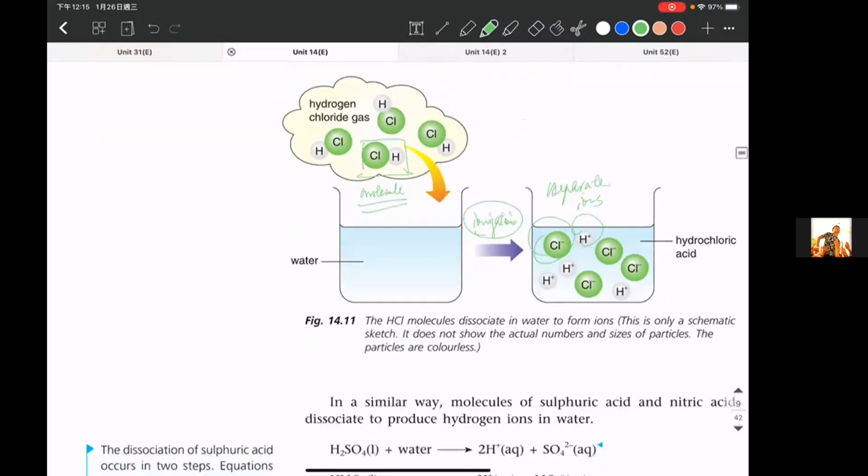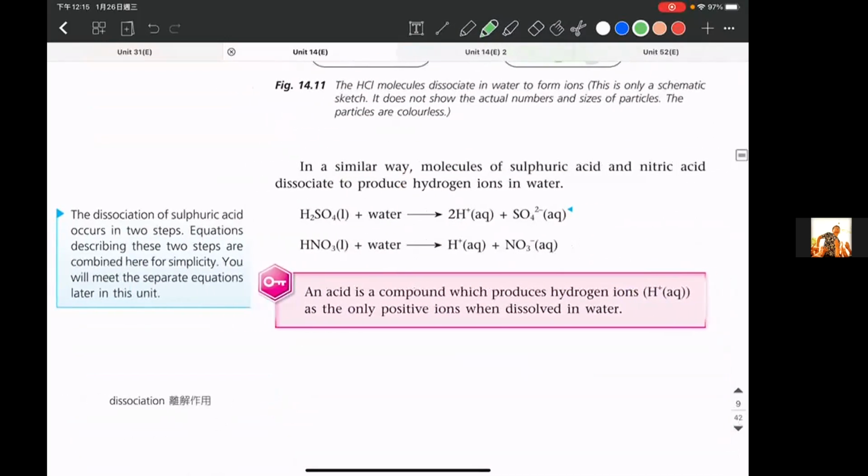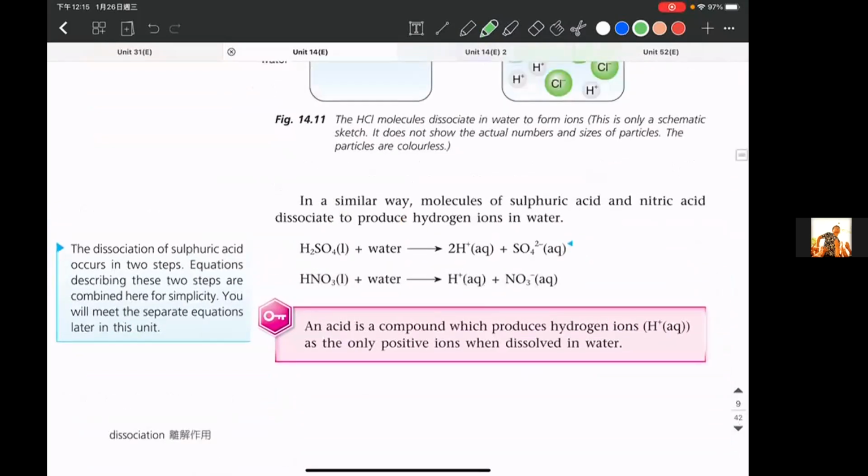You may have similar equations for sulfuric acid and nitric acid as well. For sulfuric acid, the hydrogen ions are released together with sulfate ion, while for nitric acid we have hydrogen ion together with nitrate ion. So again, it is a process we call ionization. Any questions so far?